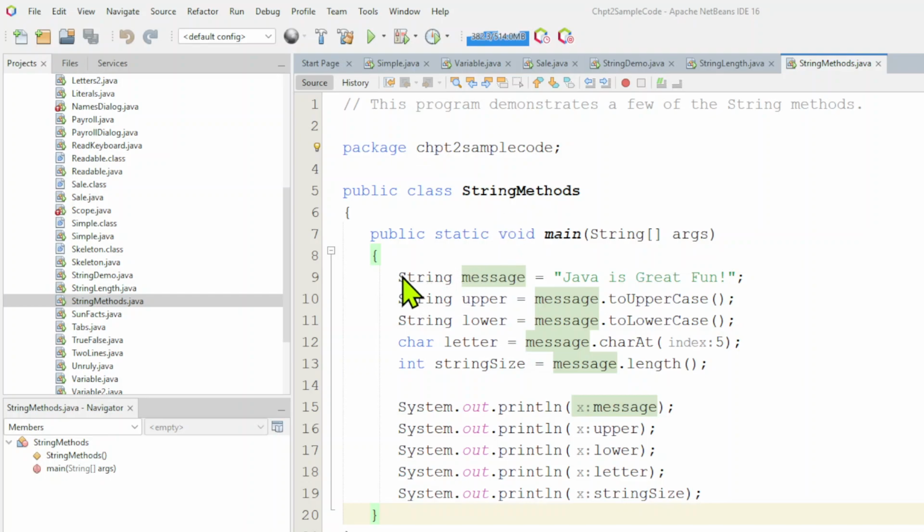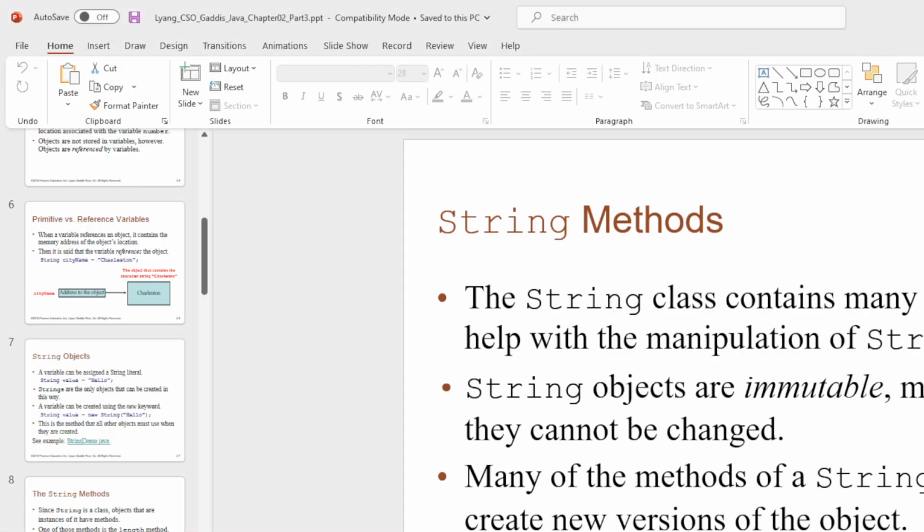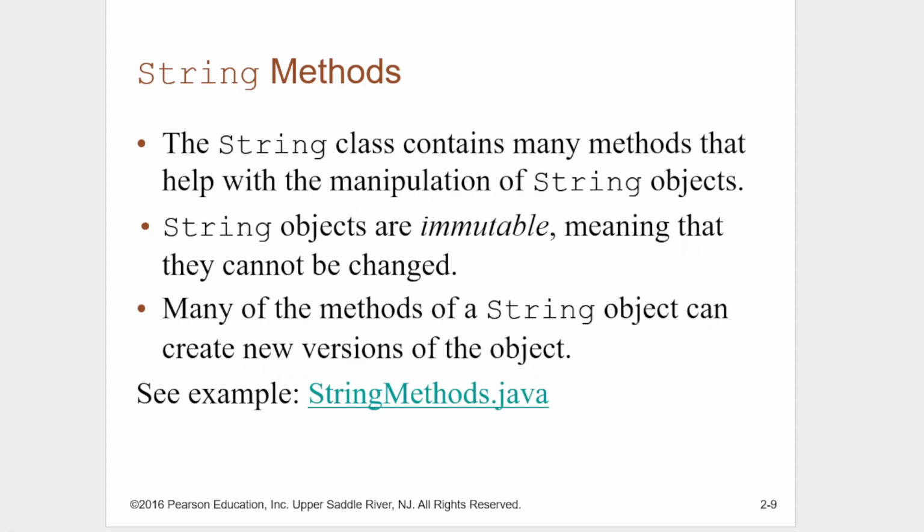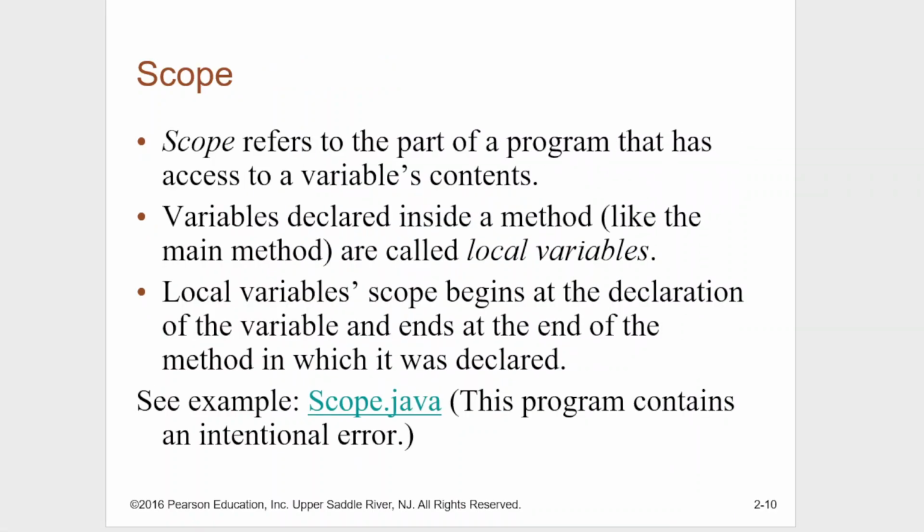These all come from String, so all these methods are built into the string. Back over to our deck here. These are just different methods, and there are so many of them that it would be hard to describe them all.